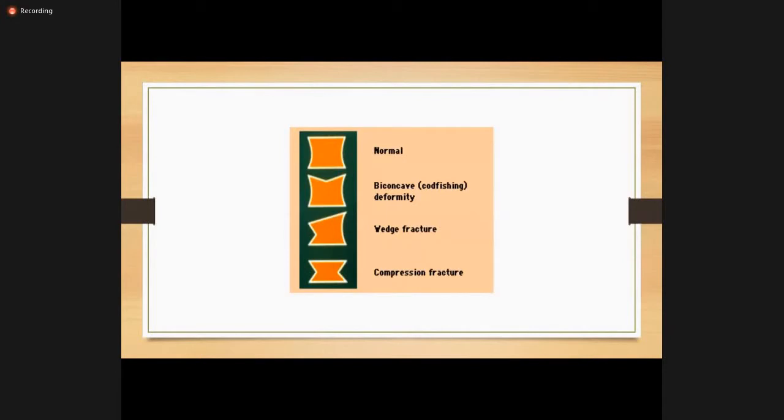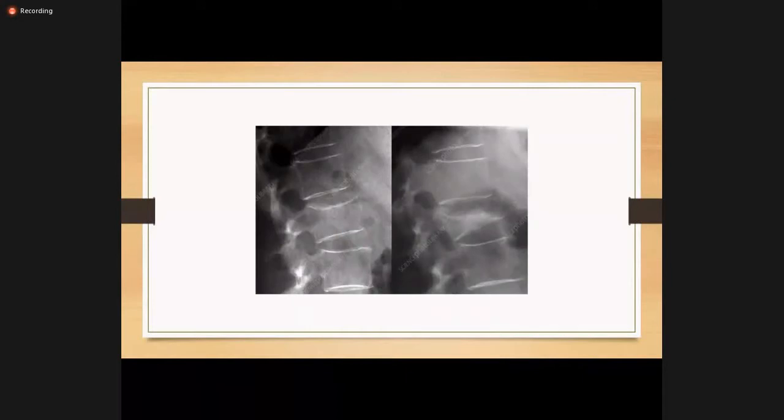This is how normal vertebrae look. This is normal, and then biconcave or codfish deformity earlier, then the wedge fracture, and this is complete collapse fracture of the vertebra. This is how it looks. This is the compressed vertebra, totally compressed. You see the difference between the heights of this vertebra, the vertebra below this, and the involved one.